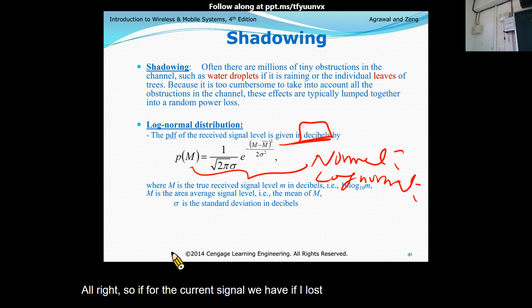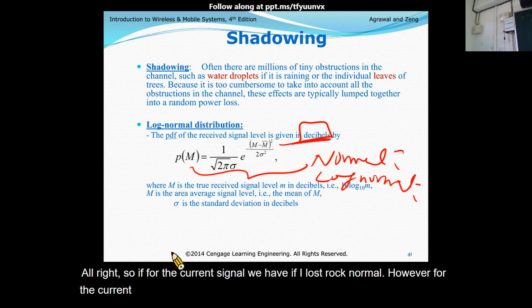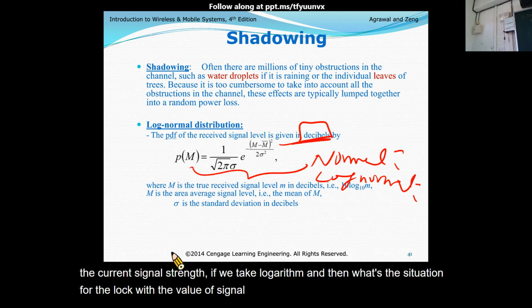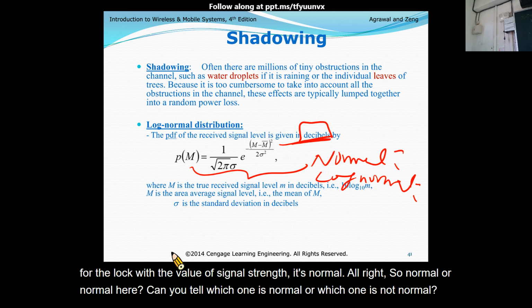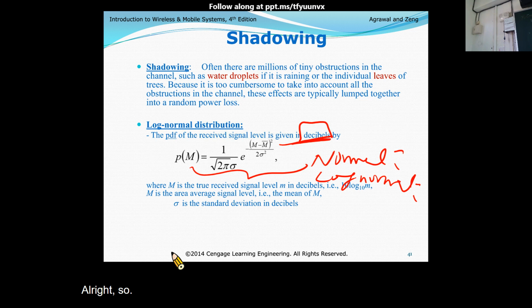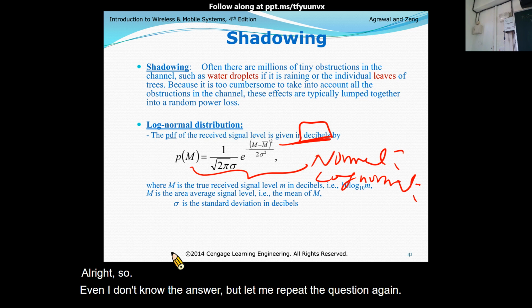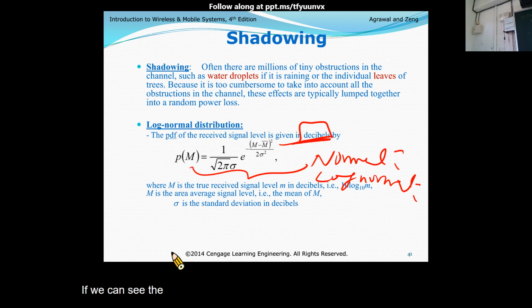However, for the current signal strength, if we take the logarithm, what's the distribution for the logarithm value of signal strength? It's normal. Can you tell which one is normal and which one is not? Let me repeat the question. If we consider signal strength without any decibels, this is the first type of signal.